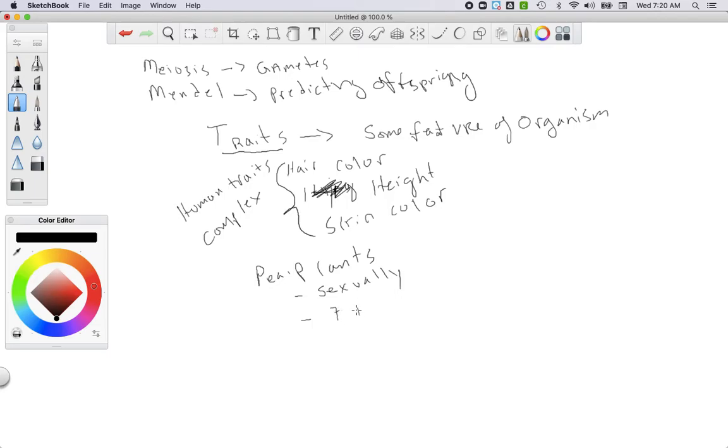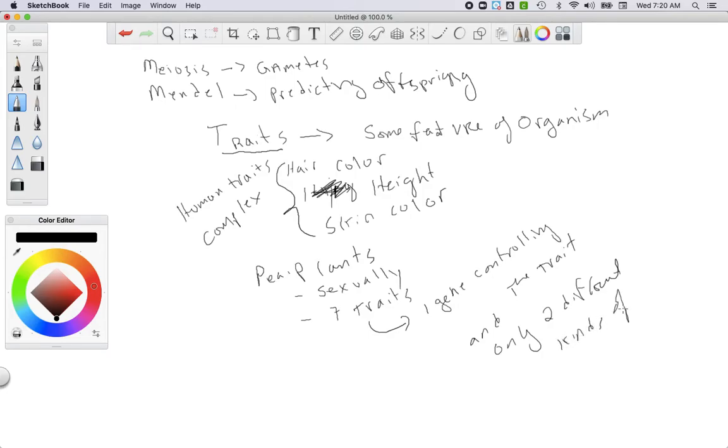Pea plants had 7 different traits, but those 7 different traits that he looked at, there was one gene controlling the trait, and only 2 different kinds of the gene in the population.